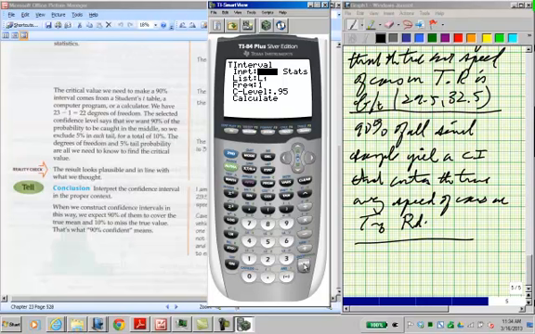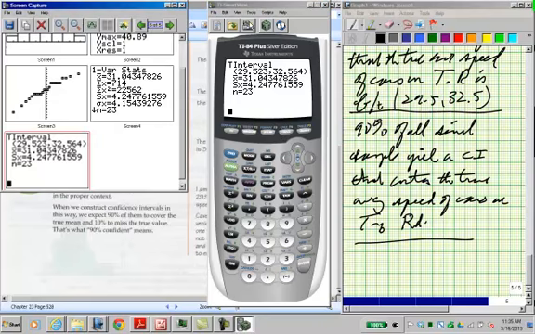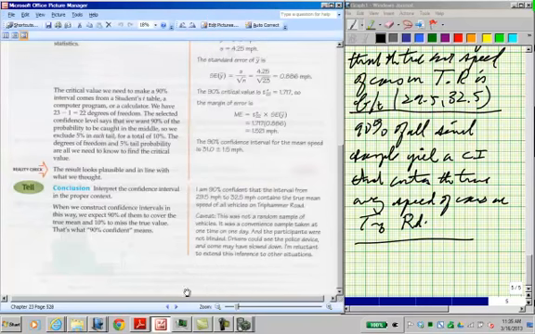Now we're going to use data, and it's from L1, and there's no frequency, and then calculate. And there it is, essentially what we got. So no difference, everything's good. Let's take a picture of this in case we need to look at that later on. Okay, moving on. So there's the confidence interval.